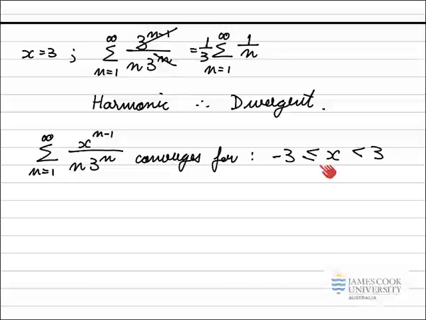You can see we have included negative 3, x equal to negative 3 is inside the interval, and x equals 3 is outside the interval.